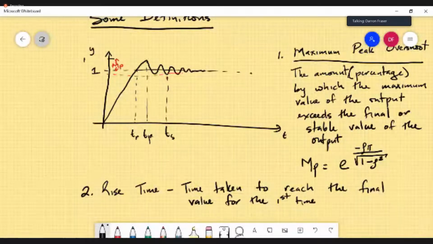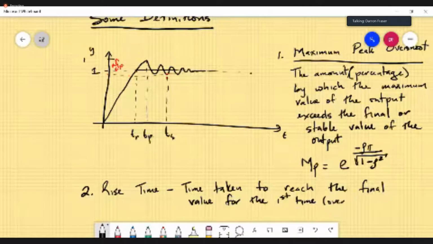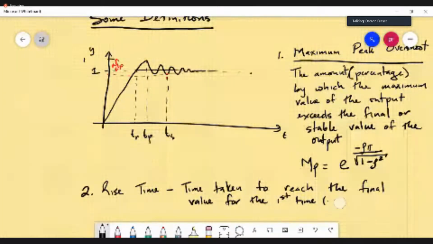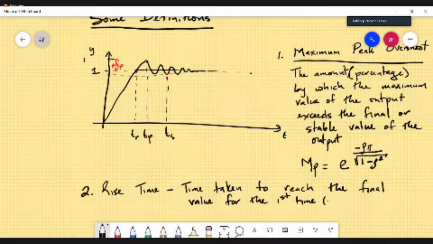This is for an underdamped system, sorry. So it's the time it takes to reach the final value for the first time. So this is for underdamped systems.